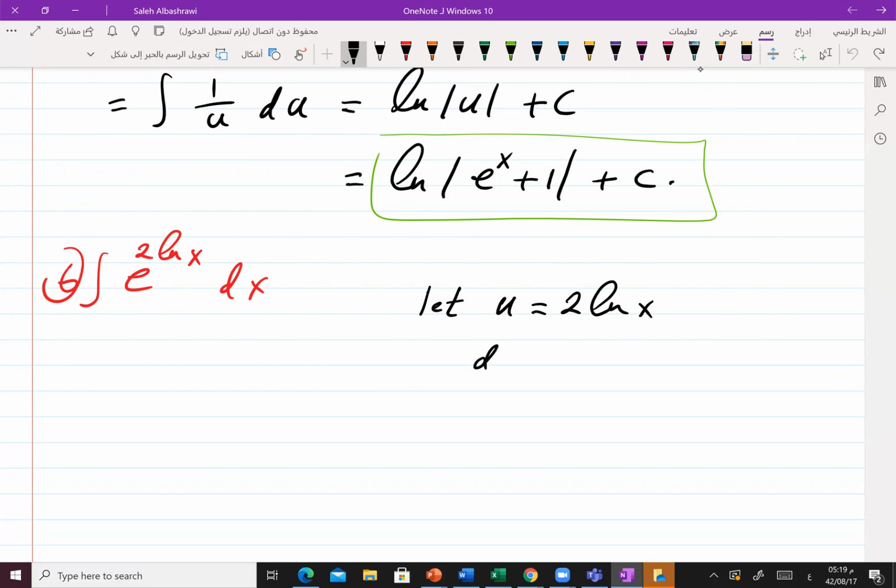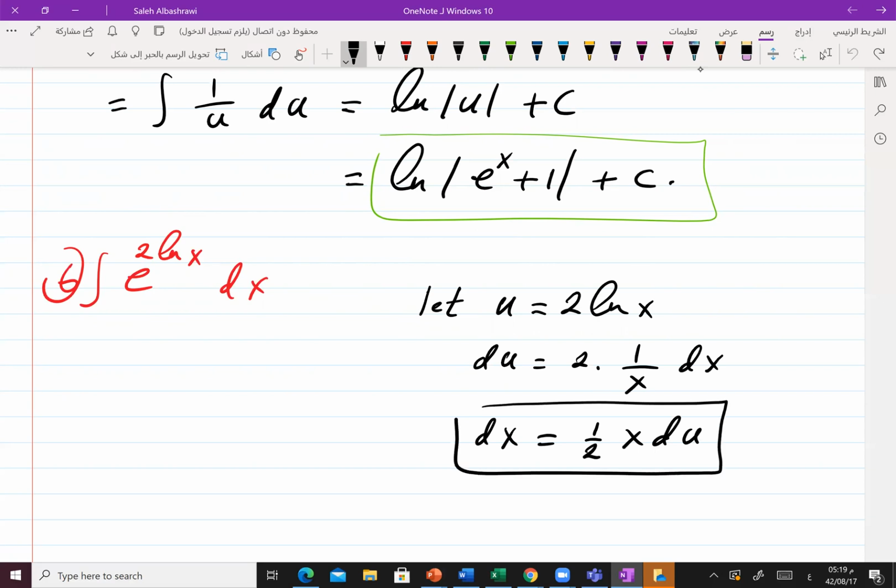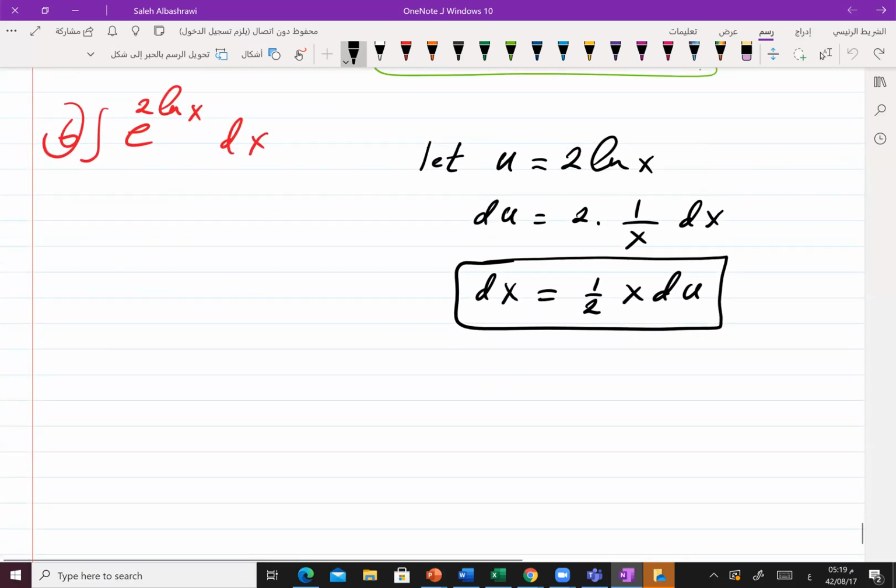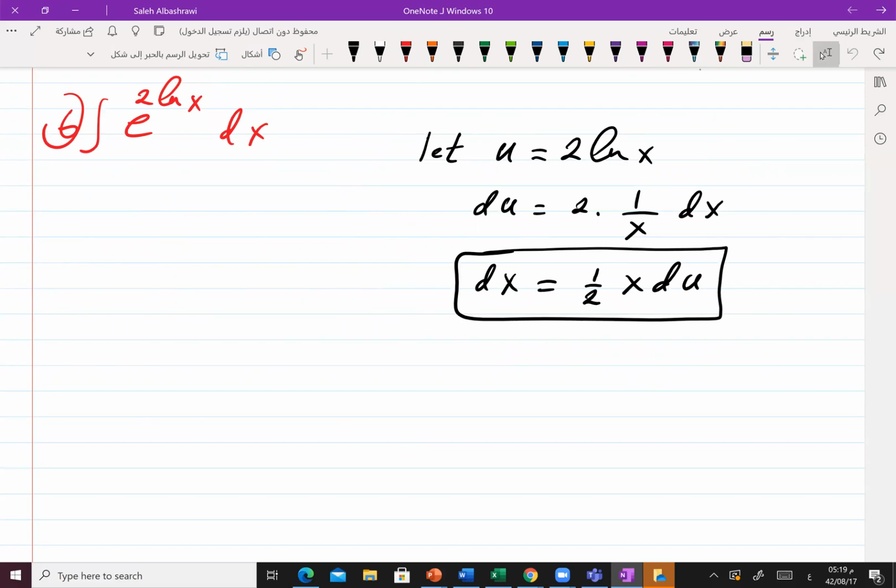So du in this case will be 2 multiplied by 1 over x dx, or dx is equal to 1/2 x du. Dx will be 1/2 x du.